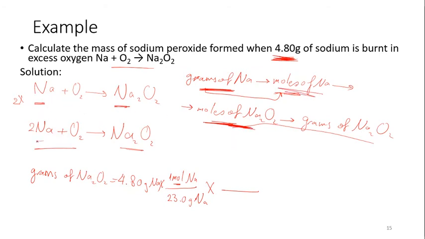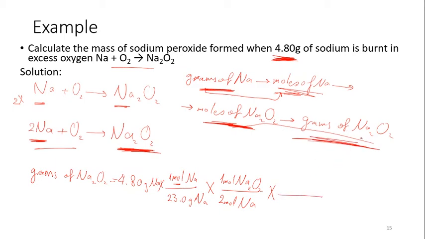Another step is using the ratio between the moles of sodium and the moles of sodium peroxide. I could see here that each 2 moles of sodium is consumed to produce 1 mole of sodium peroxide. So I have 1 mole of sodium peroxide against 2 moles of sodium. And my last step is using a conversion factor to obtain the grams of sodium peroxide.